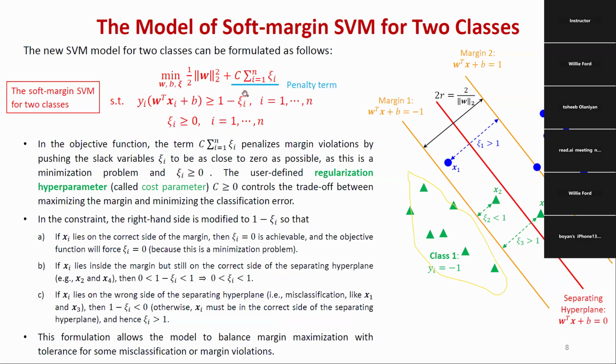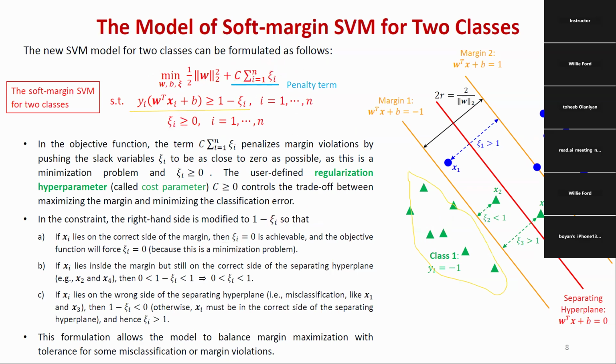Because you can simply substitute xi equal to 0, and this constraint is still satisfied. Since this is a minimization problem, I will take xi_i to be 0, because C is greater than or equal to 0, and xi_i is greater than or equal to 0.